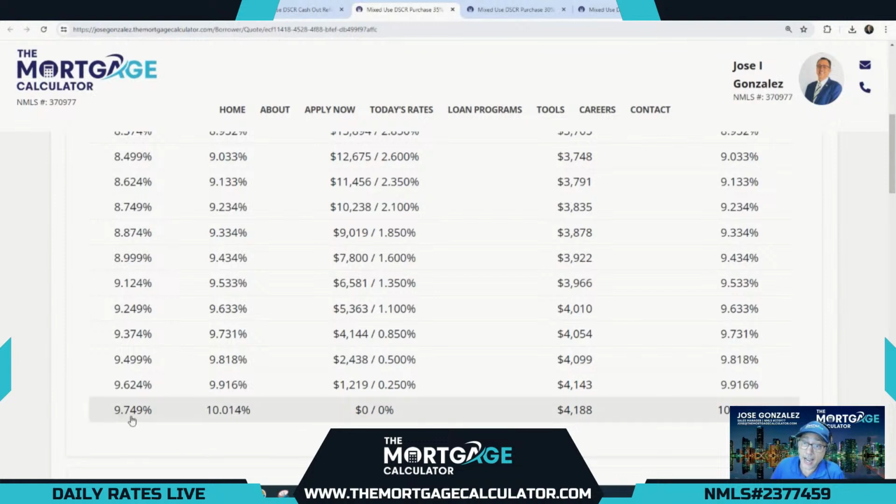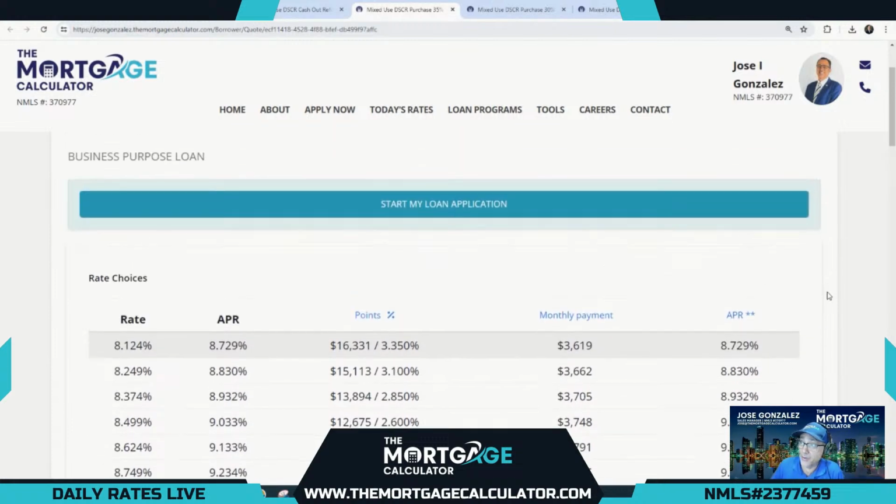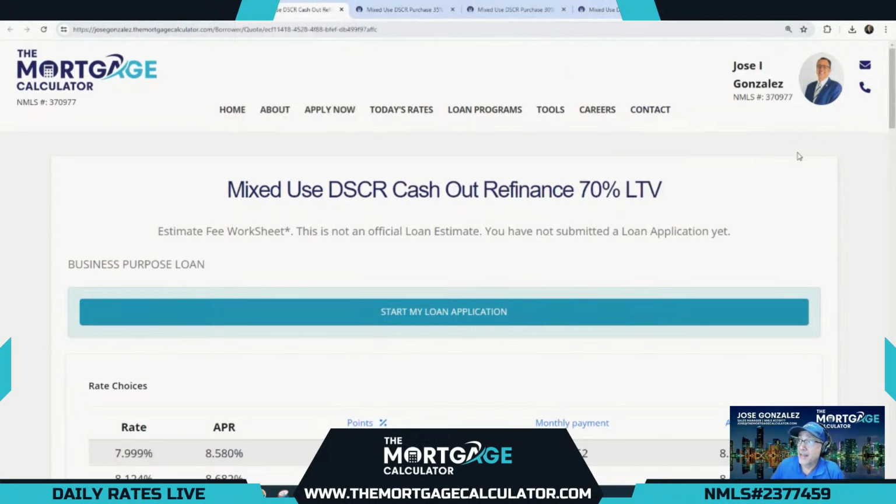So we're looking at 9.749 at par, and we can buy that down all the way to 8.124. So I know there's a lot of investors out there that are looking at this right now and say, oh my God, 660 mixed use, only 35% down. That's a moneymaker.